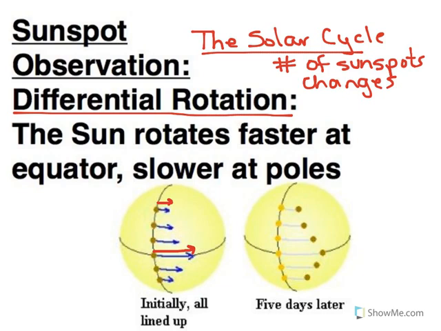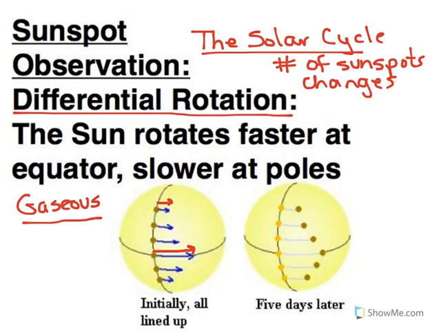The reason that the number of sunspots change, and even why there are sunspots at all, is very much linked to the fact that the sun does not rotate as a solid body. The sun is gaseous, and this kind of rotation is actually very typical of gaseous bodies.